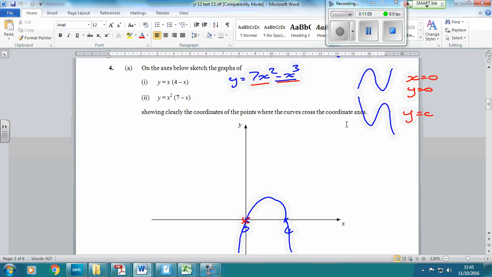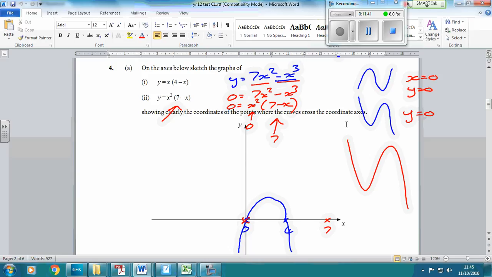We then need to let y equal 0. So we're going to have 0 equals 7x squared minus x cubed, which we then factorise, which they've done for us over here. We get x squared bracket 7 minus x. So that means it's going to go through at 0 and at 7. However, the issue is that our negative cubic is going to look like that, so we need to know what it's going to do, because we've only got 2 points of intersection, at 0 and 7.